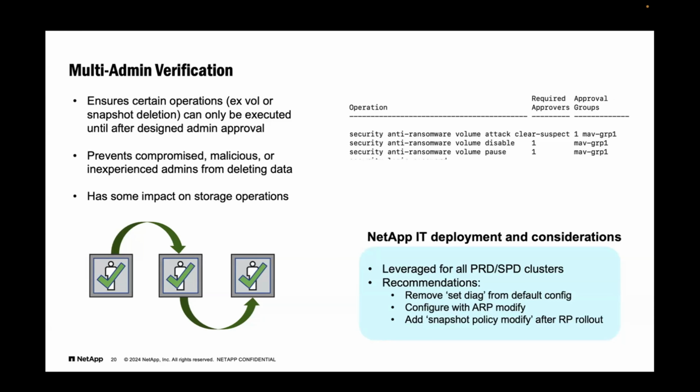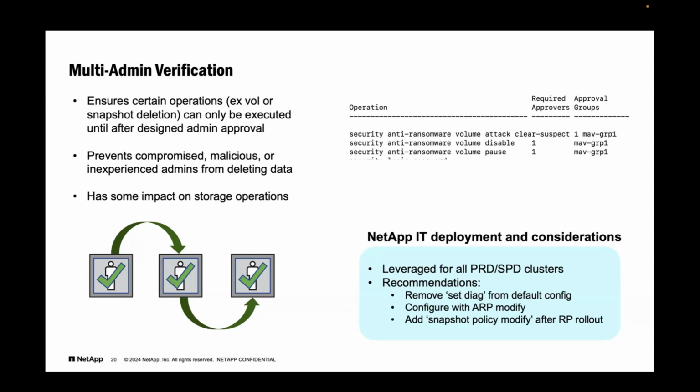This is part of that zero trust approach. With MAV, once you enable that and set the controls, you have the ability to challenge or require approval for anything as simple as vol create, vol delete, snapshot create, snapshot delete, modify, any one of those, right?